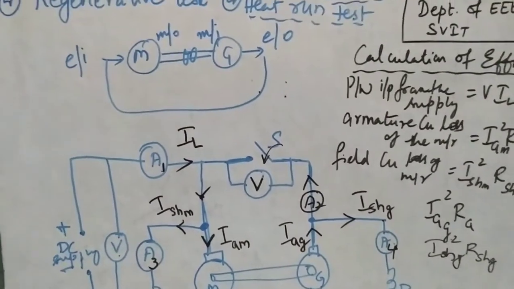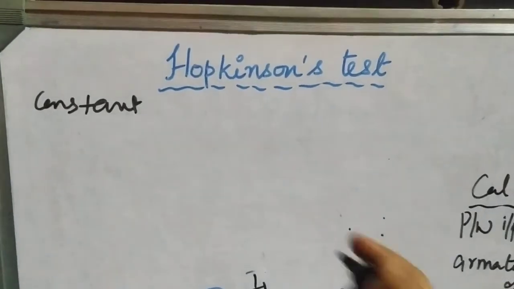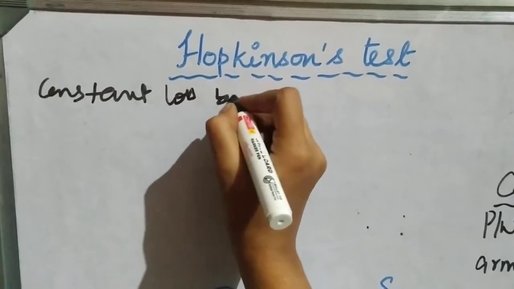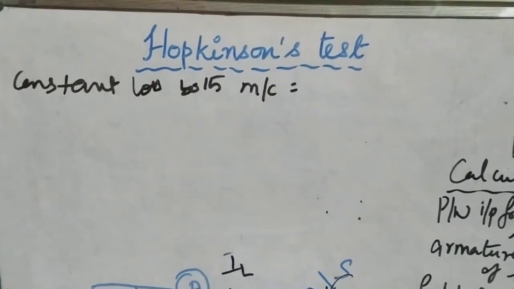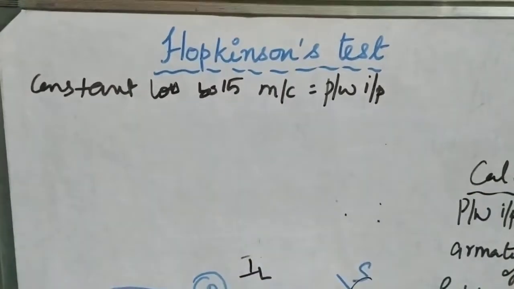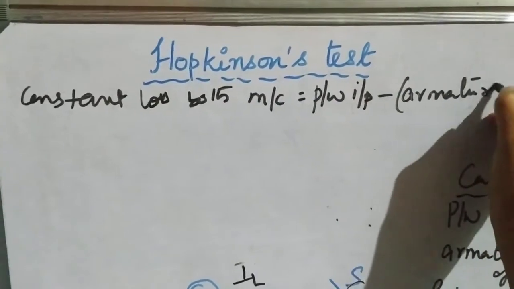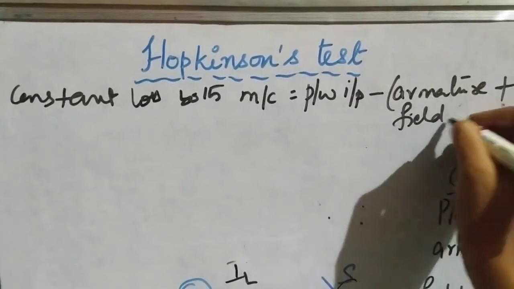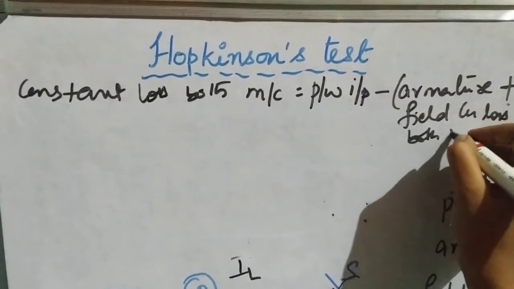The constant loss of both the machines can be written as the power input minus the armature and field copper loss of both the machines.